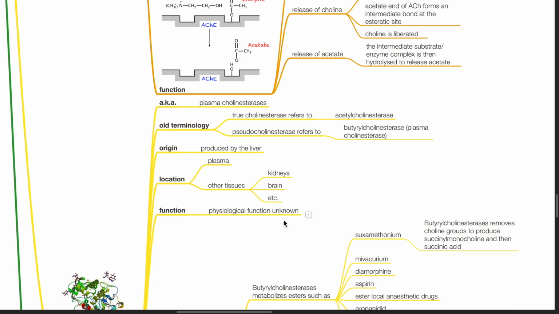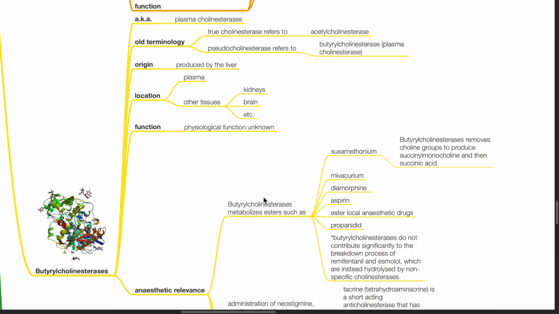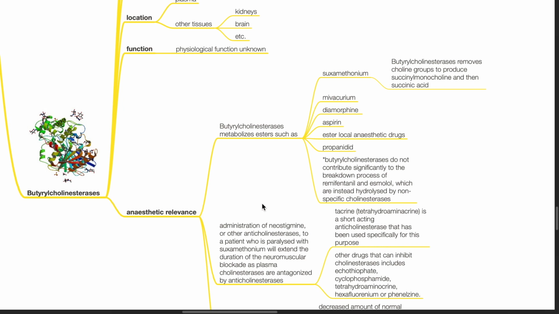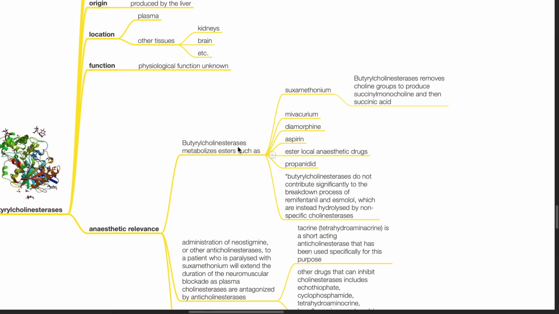Physiological function is unknown. Anesthetic relevance. Butyrylcholinesterase metabolizes esters such as succinylcholine, mivacurium, diamorphine, aspirin, ester local anesthetic drugs, propanidid, etc. Butyrylcholinesterase removes choline groups to produce succinylmonocholine and then succinic acid in the breakdown of succinylcholine.